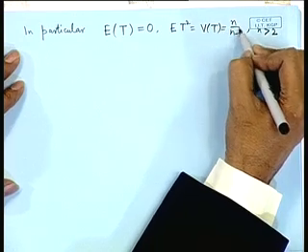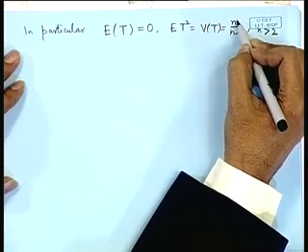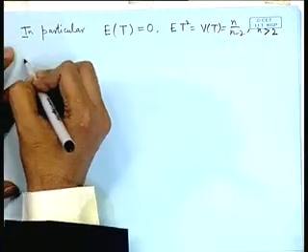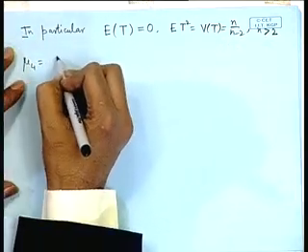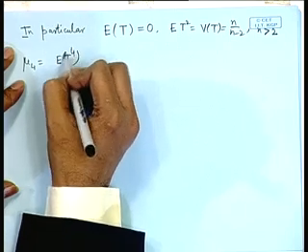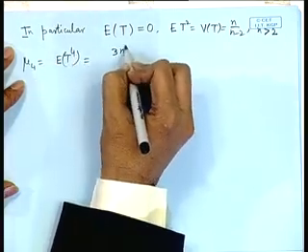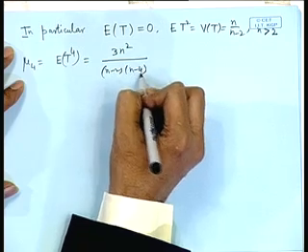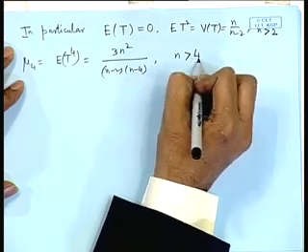You observe this is a somewhat peculiar number, n by n minus 2; as n becomes large, this becomes close to 1. Mu 4 is expectation of t to the power 4, that is 3 n square by n minus 2 into n minus 4, which is valid for n greater than 4.